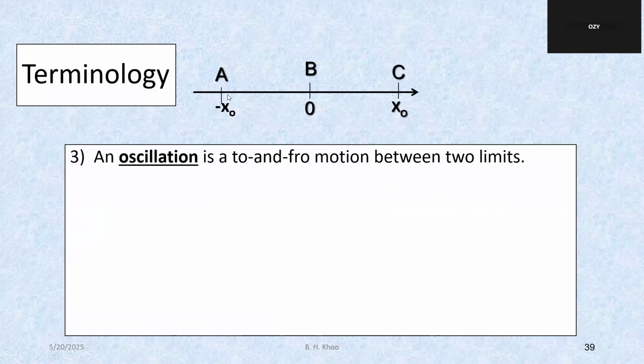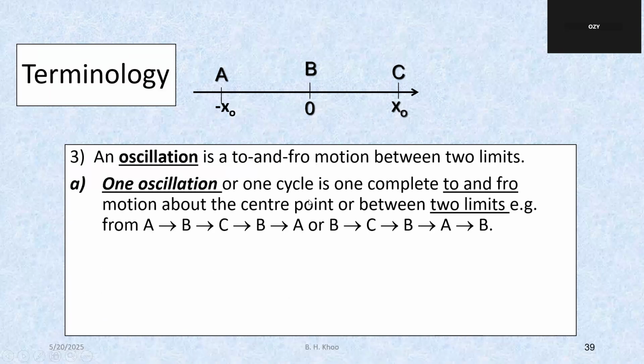An oscillation is a to and fro motion between two limits. These are the limits A and C. Right? We move from B to C, back to B, back to A, back to B. One oscillation or one cycle is one complete to and fro motion about the center or between two limits.